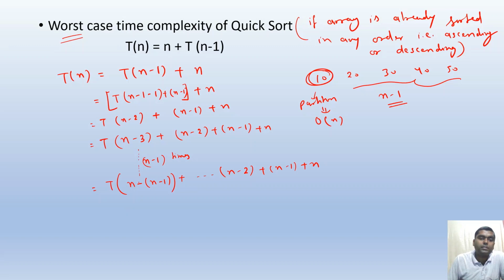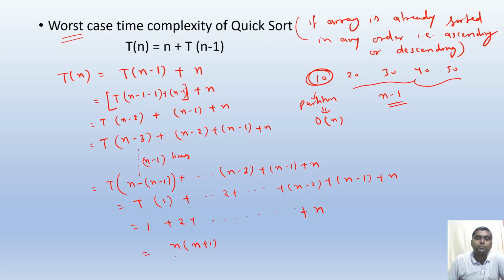So this way this and this get cancelled out, so this is t of 1 plus 2, and like this, so it is n minus 2 plus n minus 1 plus n. So finally, what is the value of t of 1? 1. So 1 plus 2 plus, and so on and so forth, up till n. So this way you will get the sum of 1 to n natural numbers, so it is n into n plus 1 by 2. So this is the value of your t of n.